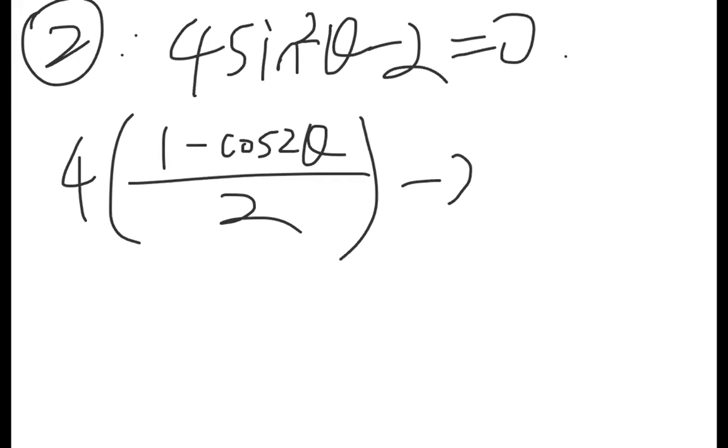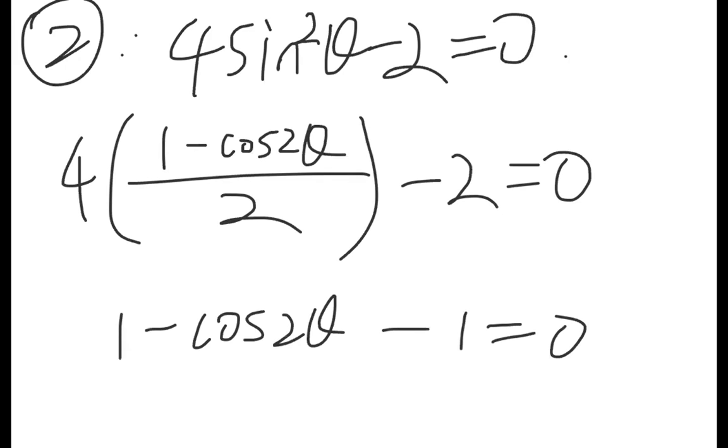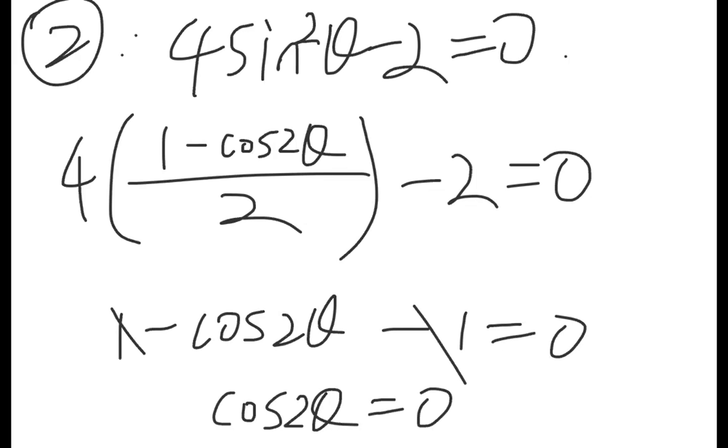Minus 2 equal to 0. Simplify this, you can have 1 minus cosine 2 theta minus 1 equal to 0. And 1 minus 1 is 0, so you have basically cosine of 2 theta equal to 0.